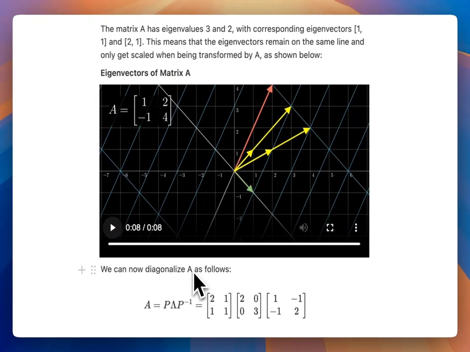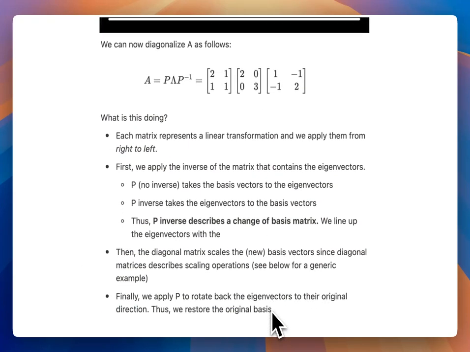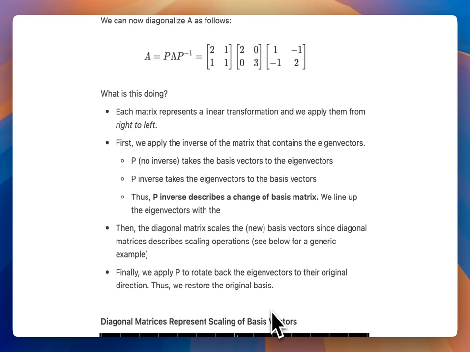Then we can package, as we saw, the eigenvalues in this diagonal form and the corresponding eigenvectors in the P matrix. We just find its inverse using our inverse formula, and voila, we have the diagonalization as follows.